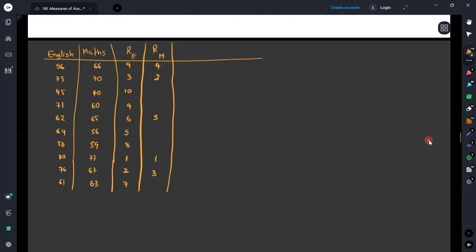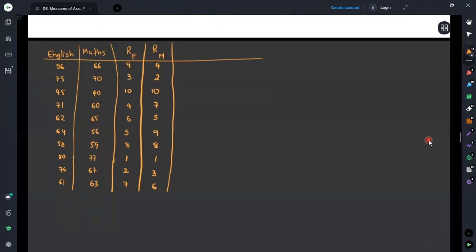Then rank number 6 is 63. Rank number 7 is 60. Rank number 8, 59. Rank number 9, 56. And 10th rank is for value 40.